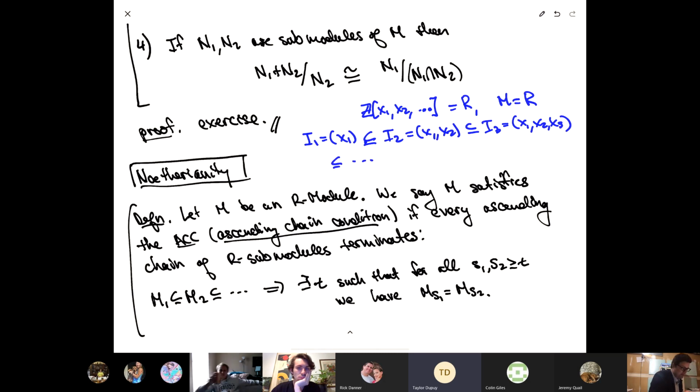These are all R submodules of this R module, which just happens to be R itself. This is an infinite chain, and this proves that this is not Noetherian. Let me just say what Noetherian means.